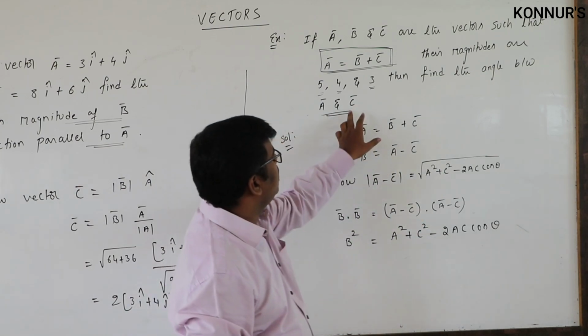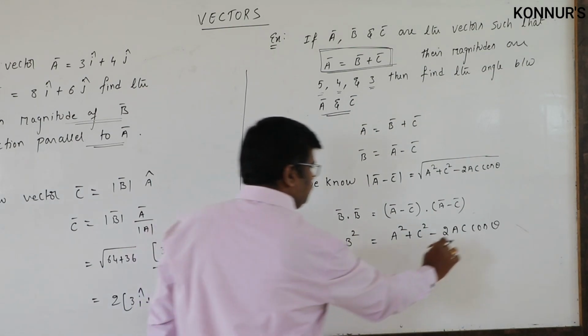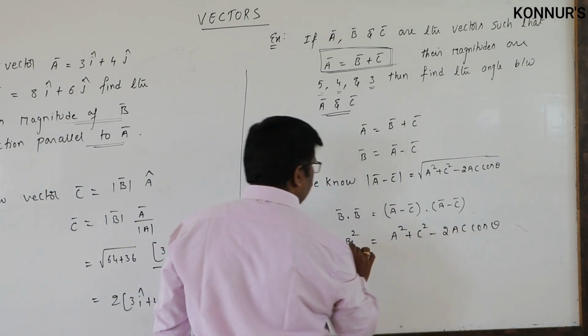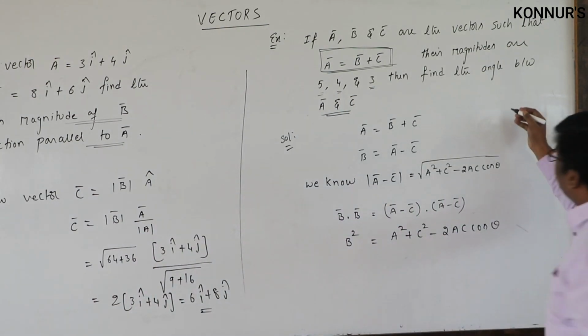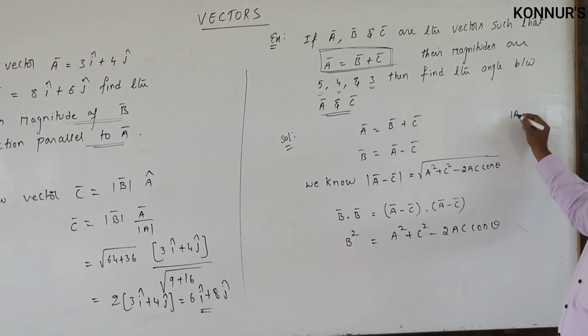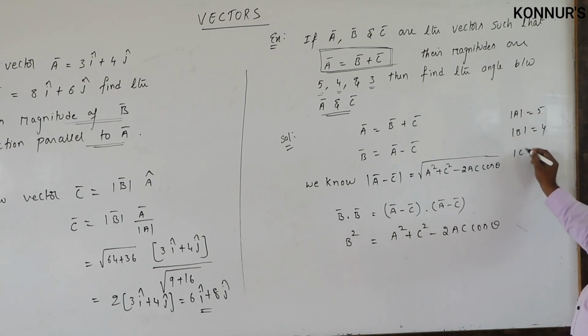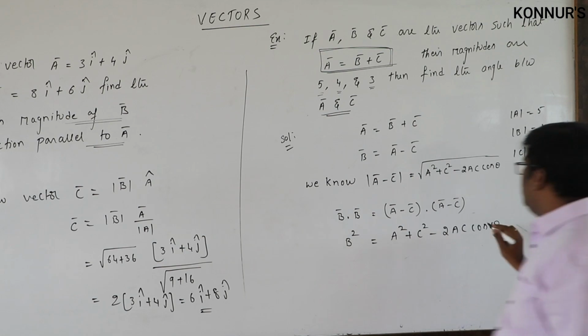What is the required quantity? Therefore we can substitute the given magnitudes: a equals 5 units, b is 4 and c is 3.